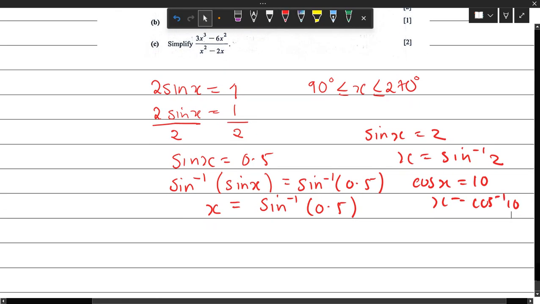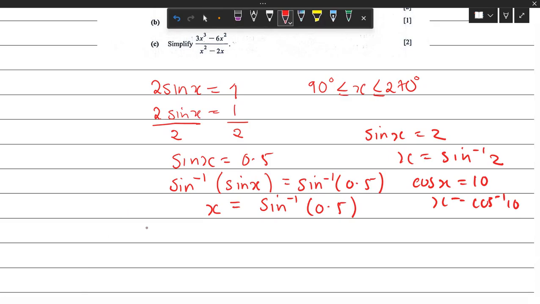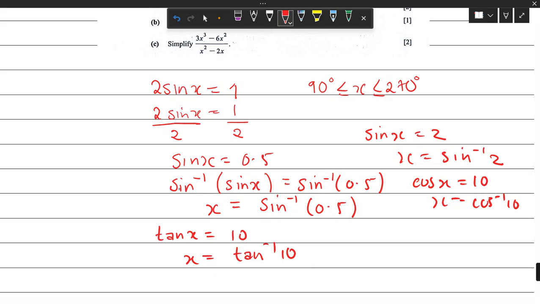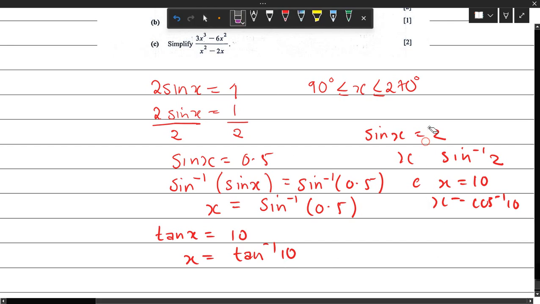Same if you have tan x equals to 10, x equals to tan inverse of 10. Instead of complicating writing this, it's the same thing. You are taking the sine inverse on both sides. I was just making an emphasis so you guys have seen it.